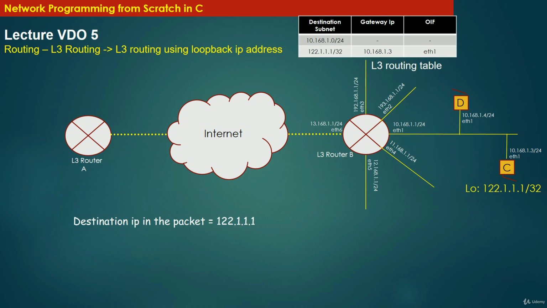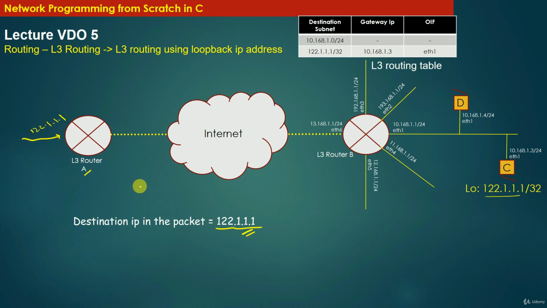Let us say that the destination IP address in the packet is 122.1.1.1, and this IP address is actually the loopback IP address of the destination machine C. So let us suppose that router A receives a packet from elsewhere in the network with destination IP address 122.1.1.1.